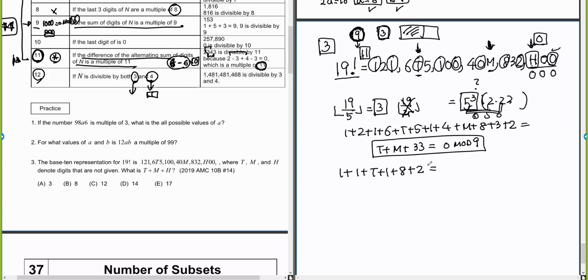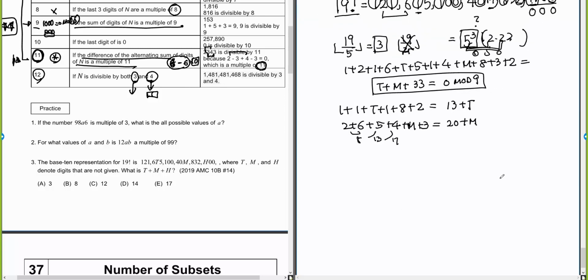13 plus t. The next one, 2 plus 6 plus 5 plus 4 plus m plus 3. How much is this one? M plus 8, 13, 17, 20, right? Yeah. 20 plus m. They are different.